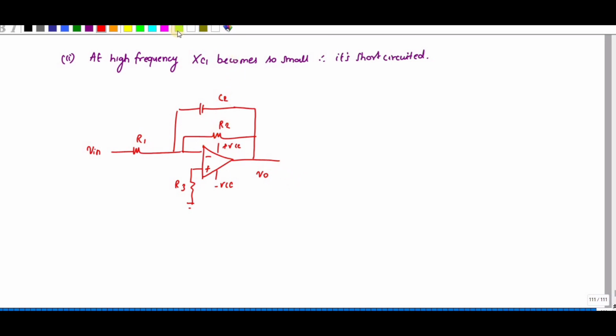So if that is the case, you can see this one is in parallel with this. So what is AV now? A is equal to this one, parallel of this one. That is XC2 in parallel with R2, divided by R1, with a minus sign. So I can write it as XC2 R2 divided by R2 plus XC2, divided by R1.